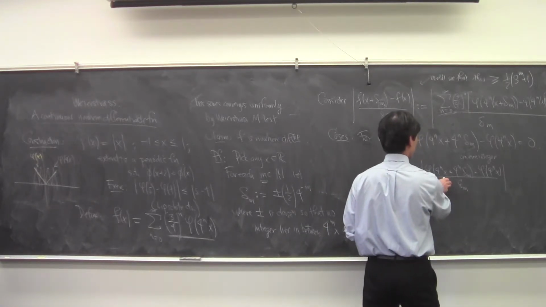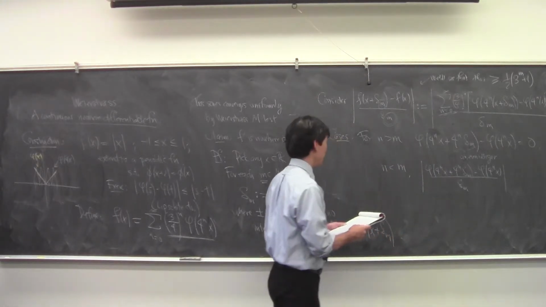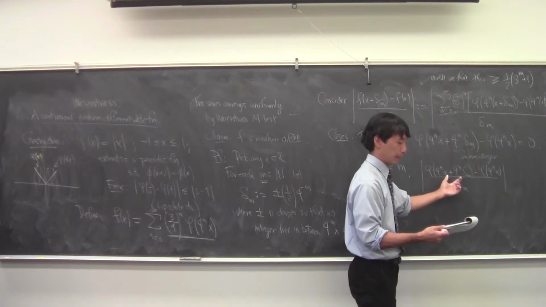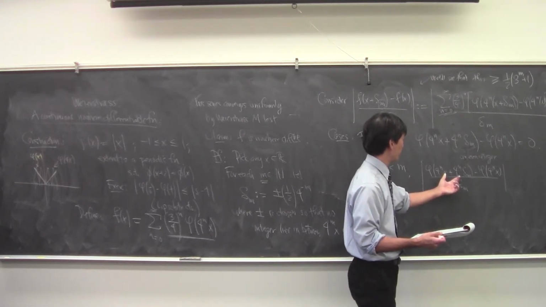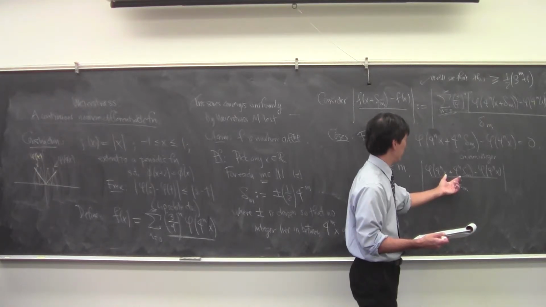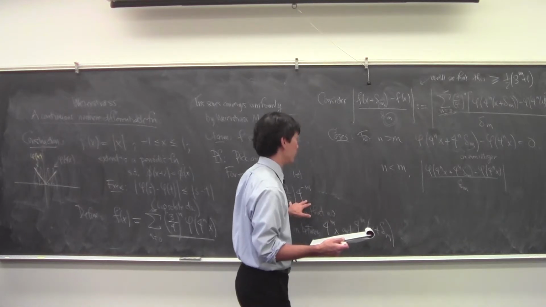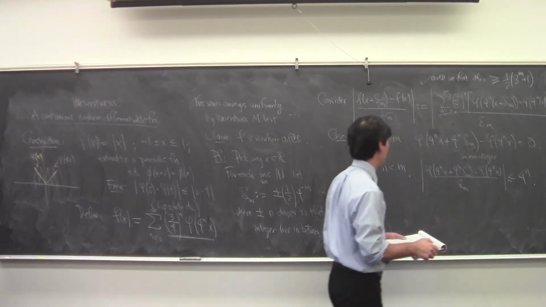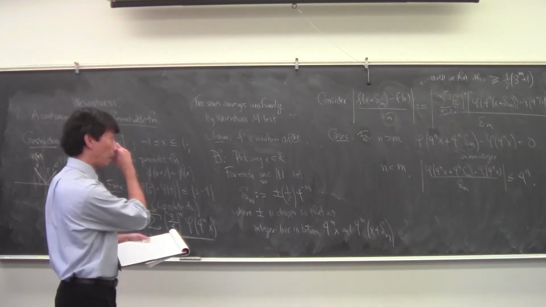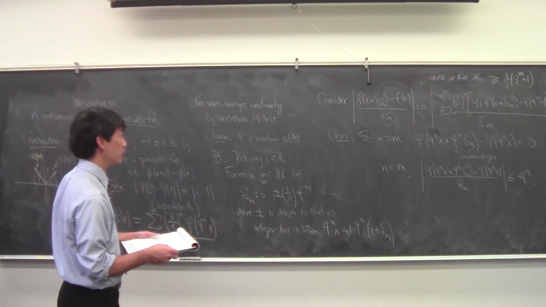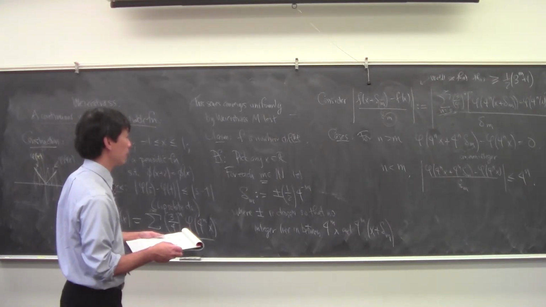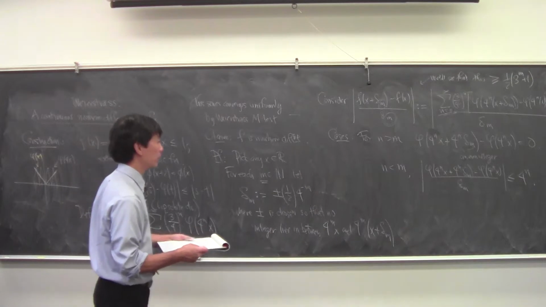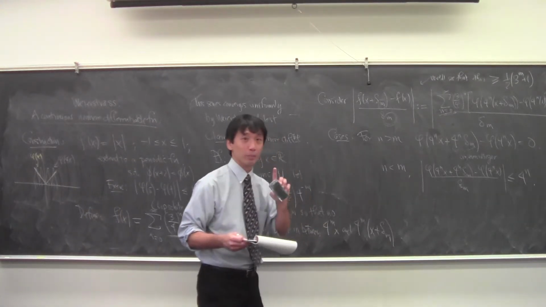Well, what do we have then? This is going to be less than 4 to the n, because of the Lipschitz quality.